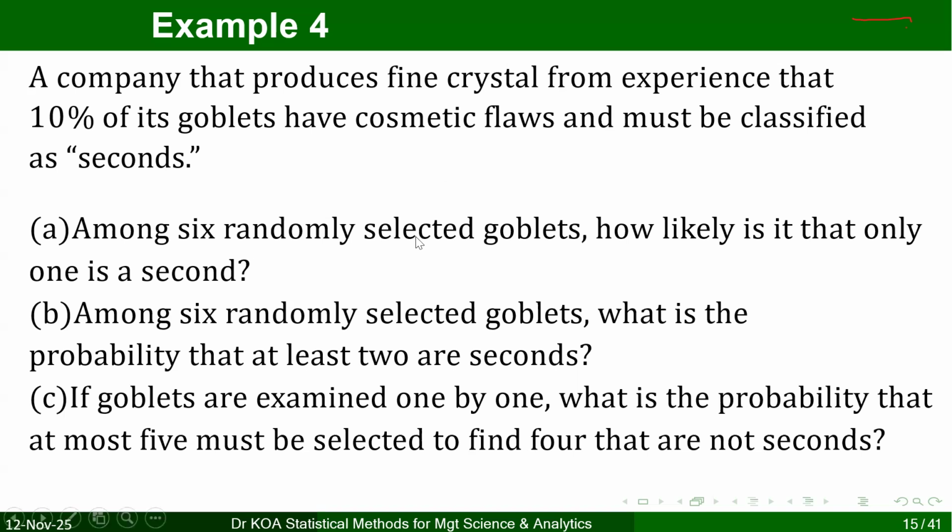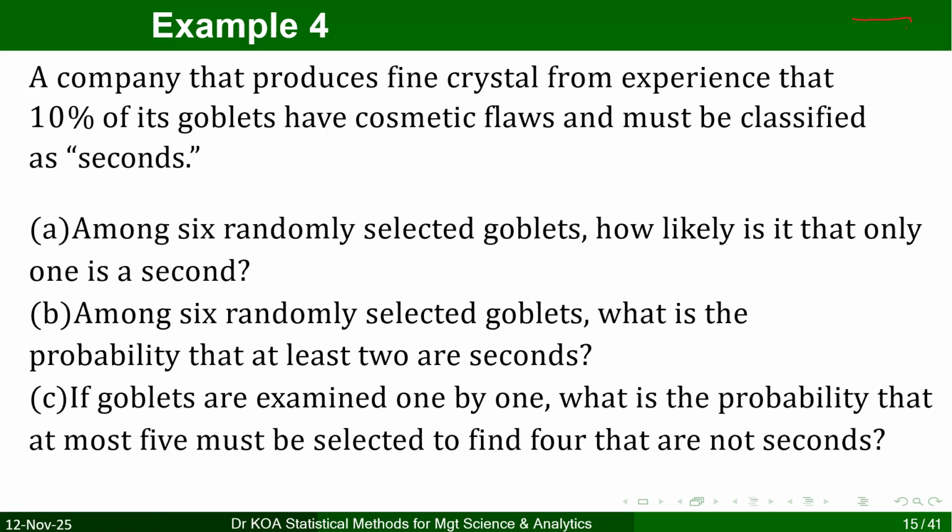Now, the first question was asking you about those that are seconds. The second is asking, now look at the first one. If the first is asking you, find me one that is a second, and you have been told that there are 6, then if I had asked you, find me one that is not a second, it will be the other 5, isn't it? Yes. Does it make sense? Yes, Doc.